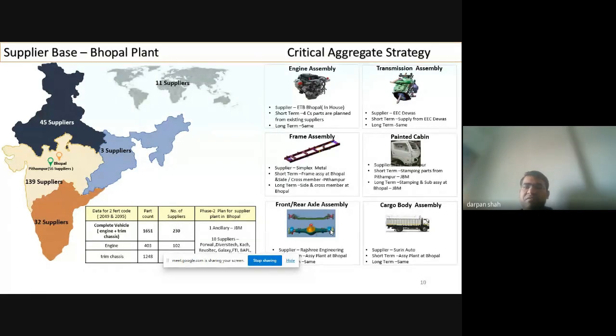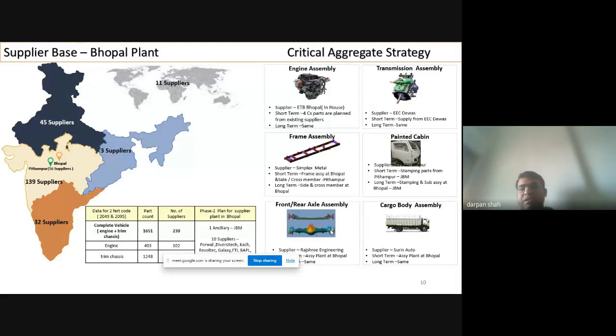And then we have painted cabins which are spot welded, and the outer structure, the outer envelope, is prepared, which is required to assemble a truck. After that, with respect to the powertrain, we require front and rear axle assemblies, which are basically required to deliver the final power output from the vehicle.